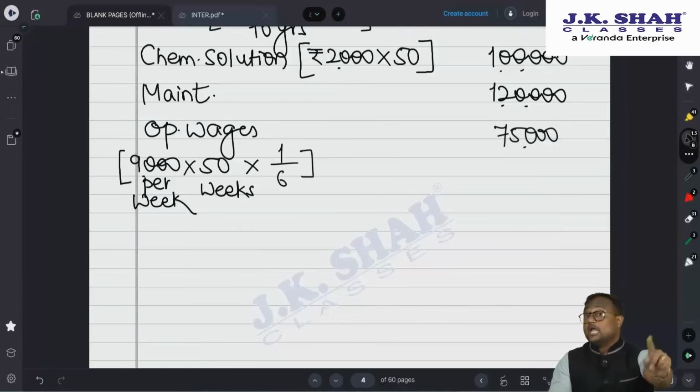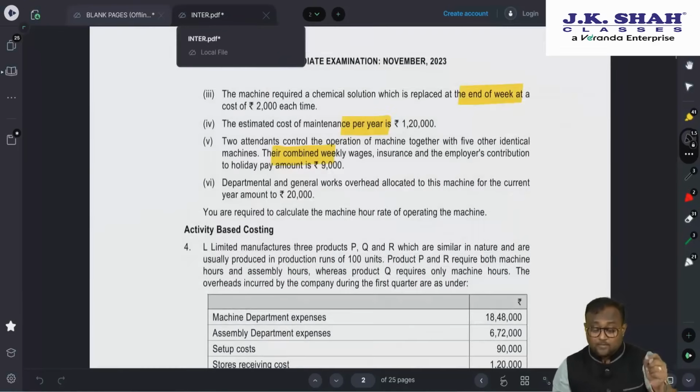If it was 9,000 per attendant, then 9,000 into 50 into 2 into 1/6. The question that we had in the classwork had per worker per week remuneration, so we multiplied by the workers. Here they have used the term combined, so this is the differentiating point. I hope you understood this. It's not that I have gone wrong, because I have an option of editing things, but I purposely did it because I want you to get it highlighted.